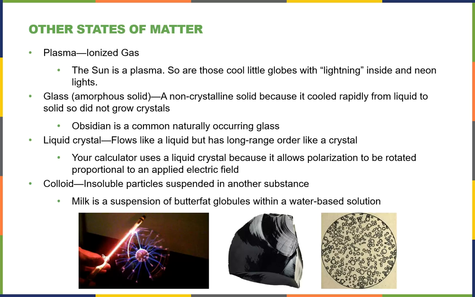So, how do you make glass? You heat sand up, and then you have to freeze it rapidly. If you freeze it slowly, you're going to make quartz, a crystalline solid. But if you freeze it rapidly, you're going to make glass, an amorphous solid.